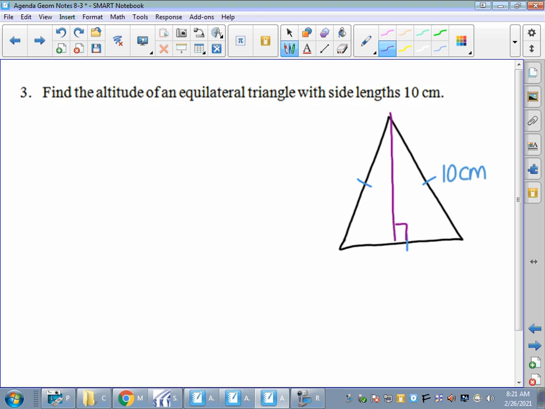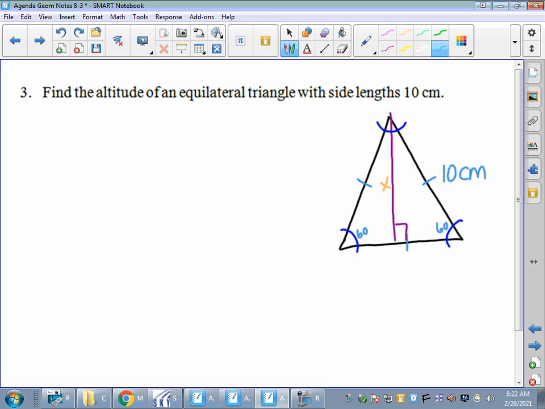It doesn't have to be a perfect drawing. So this is what we're looking for. This is our x. Find the altitude of an equilateral triangle. Well, here's the thing. An equilateral triangle, how many degrees? We know they're all congruent, right? How many degrees is each angle? 60 degrees, right? 60, 60, and 60.